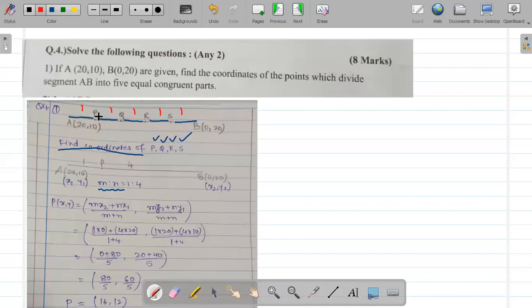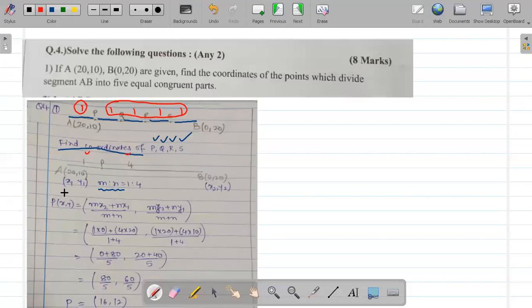So when we look for P, we consider this to be 1, and we consider these 4 together. So we get the ratio 1:4.